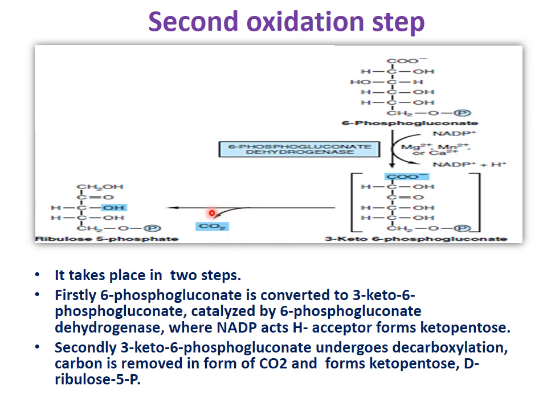And also at the same time removal of CO2 takes place, and now this 6-carbon gluconate is converted to ribulose 5-phosphate. Understood? So it is a two-step reaction with dehydrogenation and decarboxylation to form ribulose 5-phosphate.